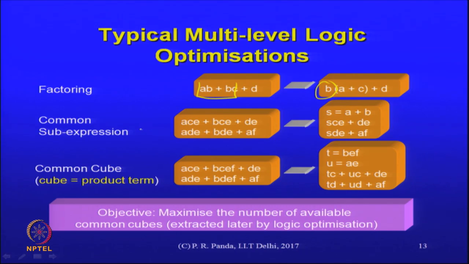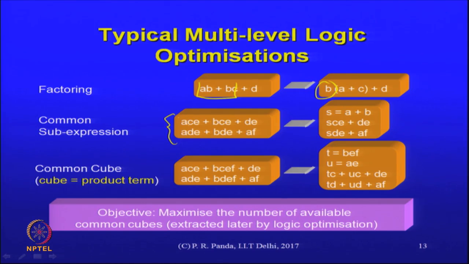There of course is a common sub expression argument here also. If I look at these two expressions jointly, I see that a plus b is a common sub expression, if each of them is a full expression.